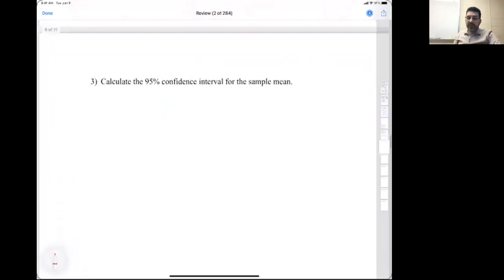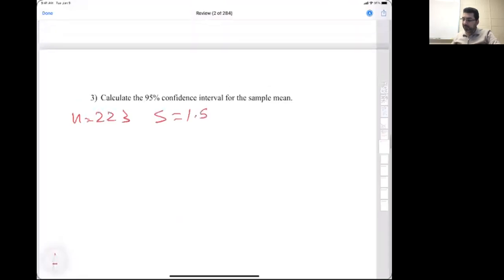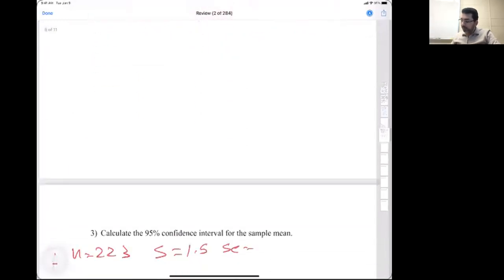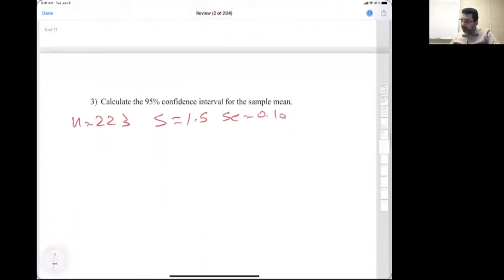We need to calculate the 95% confidence interval for the sample mean. As I said to you, we have n 223, we have s 1.5, we have now the standard error 0.1004, we have x bar equal to 3. This is of course from the scenario.